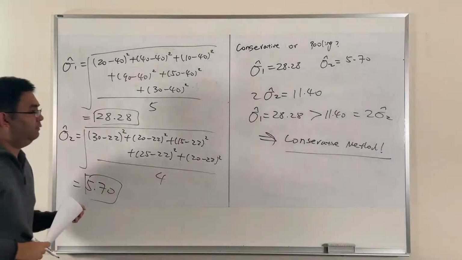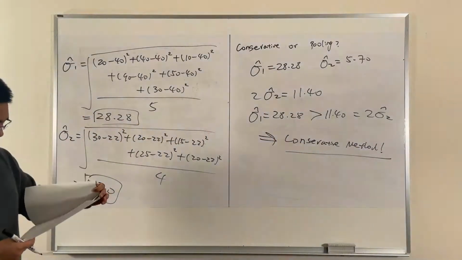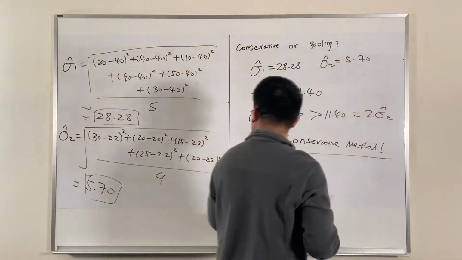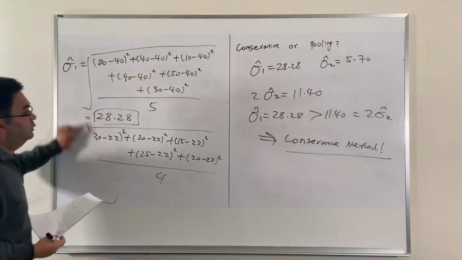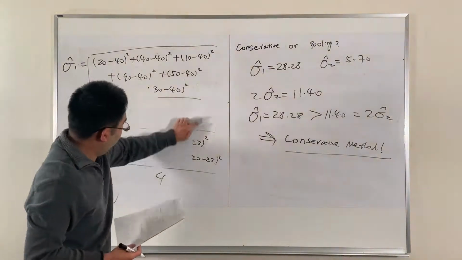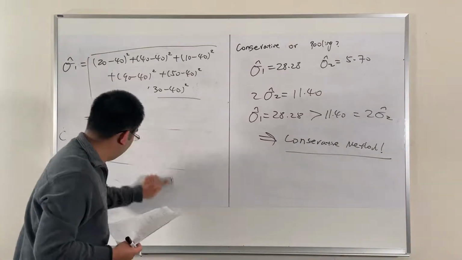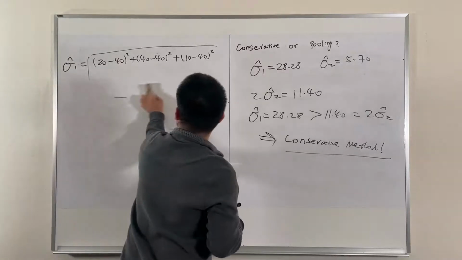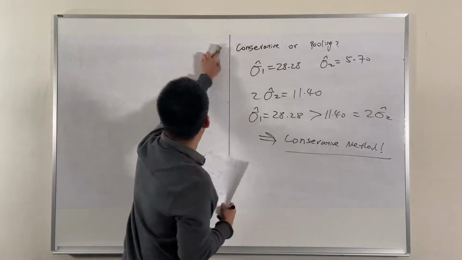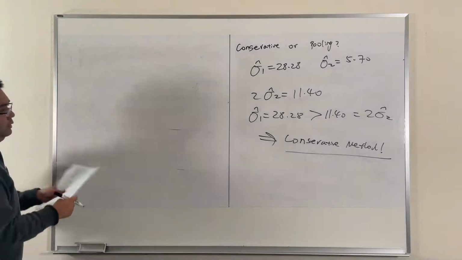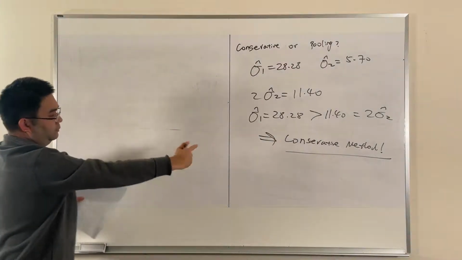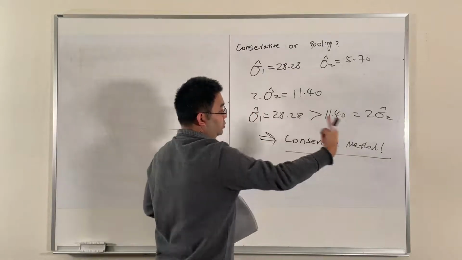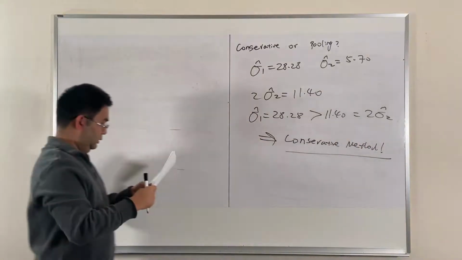Okay, very good. So we're going to keep going. We're going to use the conservative method because sigma 1 hat is bigger than 2 times sigma 2 hat.